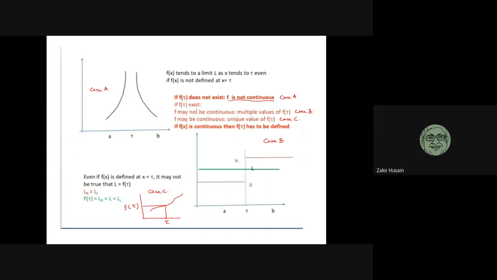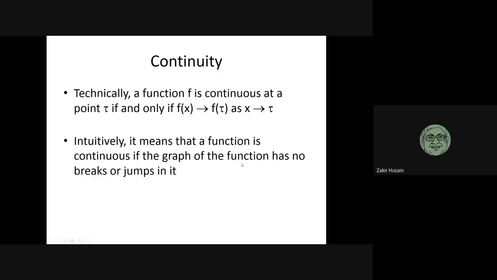Now, if you look at this graph, this is not continuous, this is not continuous. Visually, what is unique about this graph? There's a break in the graph. In these graphs, we have breaks.